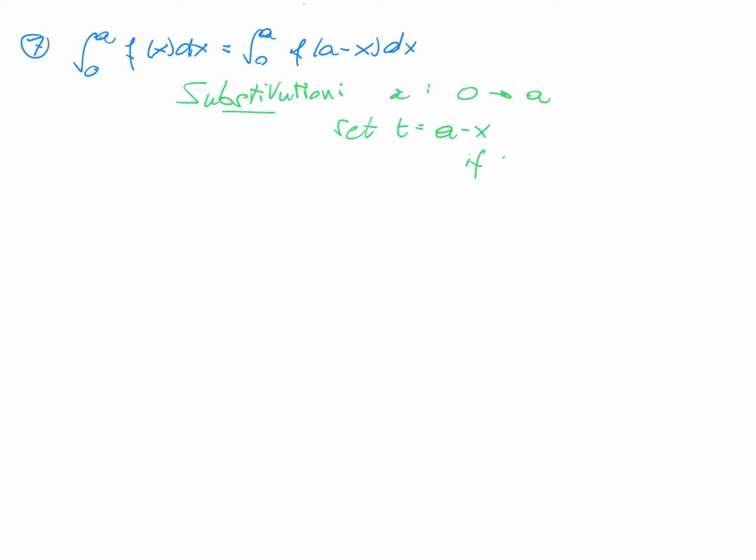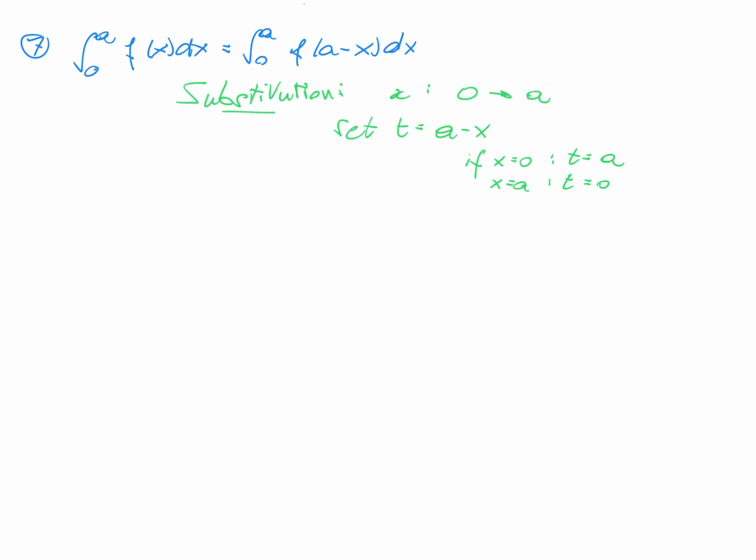If x is equal to 0, this means that t is equal to a minus 0, so it's equal to a. If x is equal to a, then t is a minus a, this is 0. So if I change to t, then my new limits of integration go from a to 0.